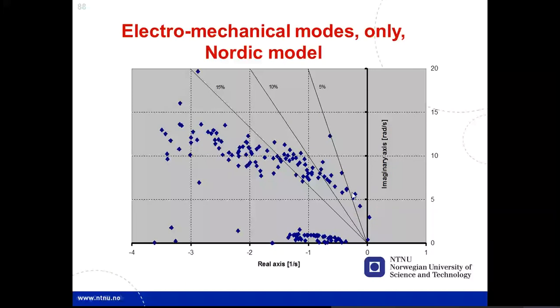And those with a damping factor between 10 to 15% are here. And then there are several modes which have a damping factor greater than 15%. We are not bothered about these modes. We are much more concerned about the modes which have a damping ratio less than 5%. So we are concerned about these modes here.